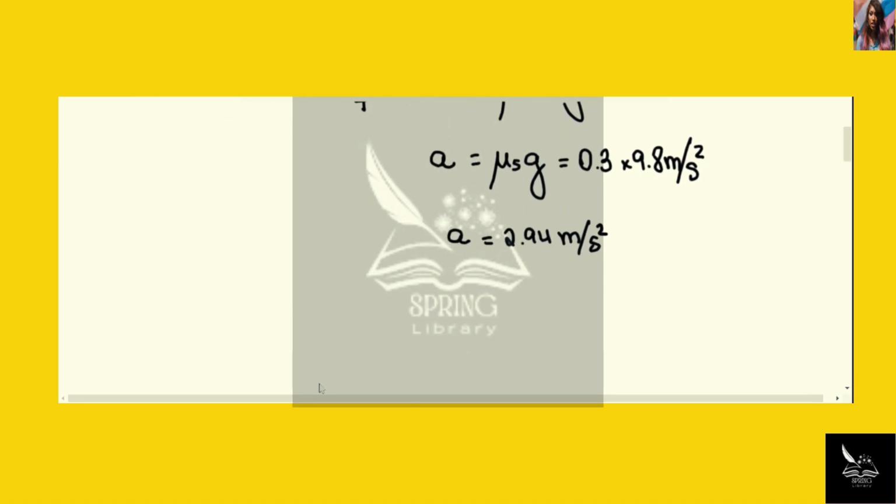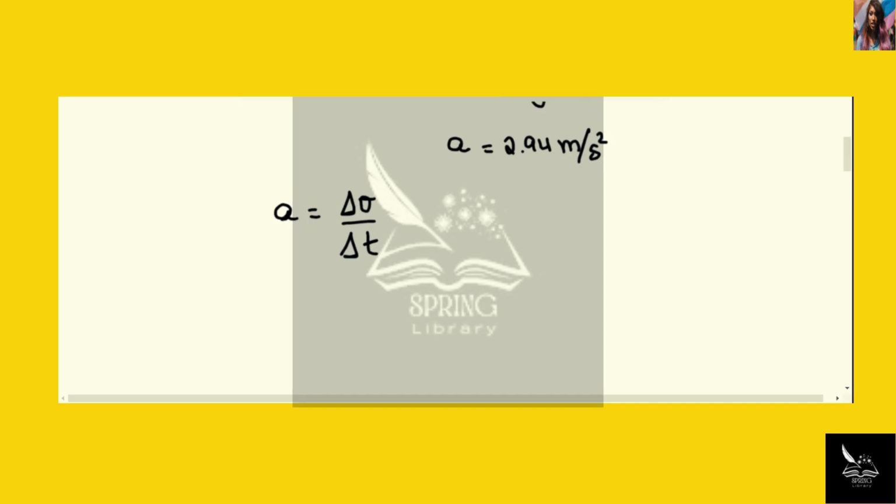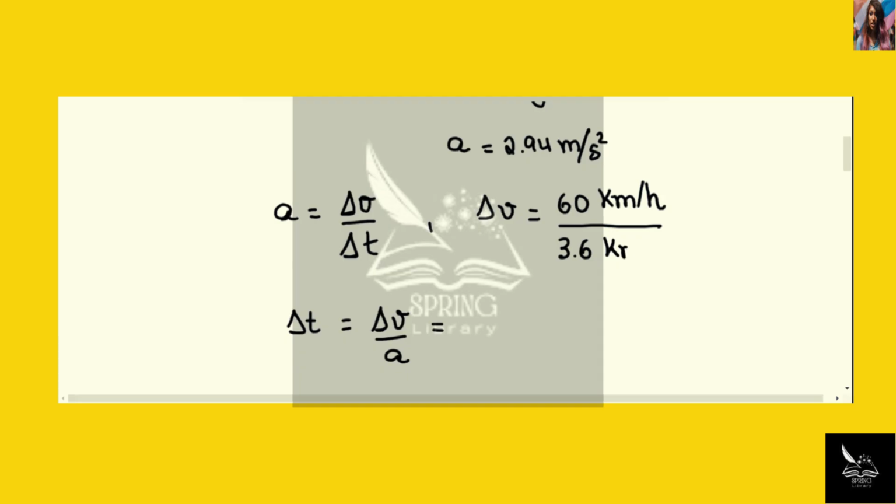Now let's find the time corresponding to this acceleration. So we know that a is equal to delta v divided by delta t. So delta t is equal to delta v divided by the acceleration. Now delta v is 60 kilometers per hour, and we have to divide it by 3.6 kilometers per hour per meter per second in order to obtain a value of the change in speed in meters per second.